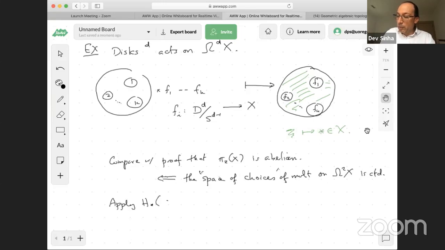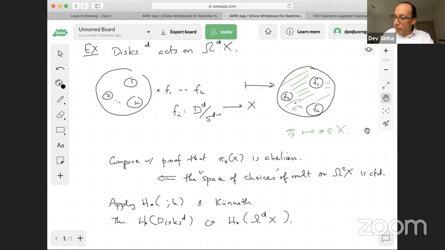homology with field coefficients and then the Künneth theorem everywhere, then a topological operad acting implies that its homology acts on the homology of the space. And then what we're going to see is that the homology of the disks acts on the homology of loops.